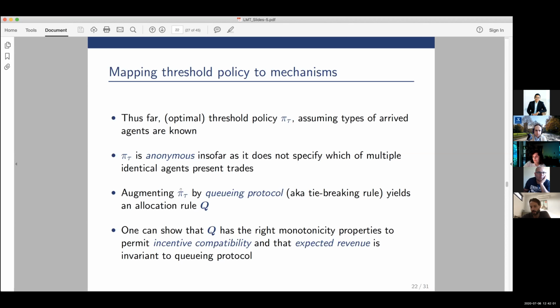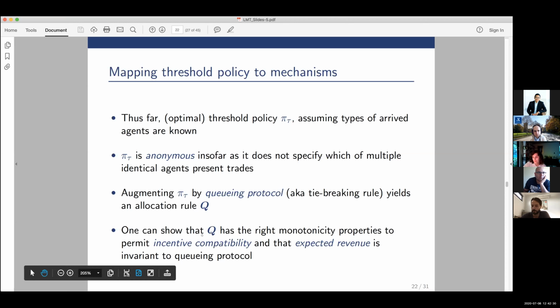Once you augment the policy pi tau by a queuing protocol, you obtain an allocation rule Q. It's not flabbergastingly surprising that Q has the right monotonicity properties: a buyer with a higher value must be more likely to trade.